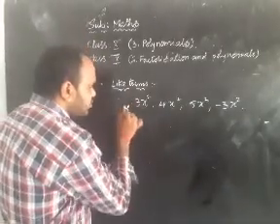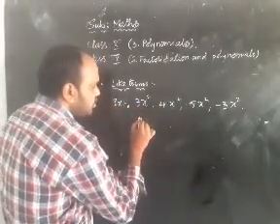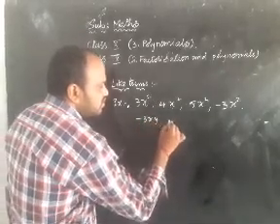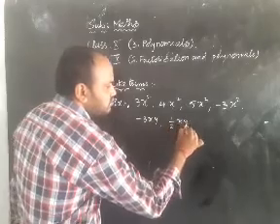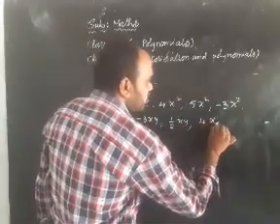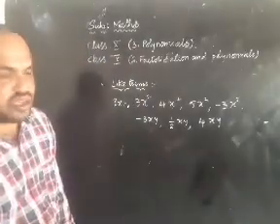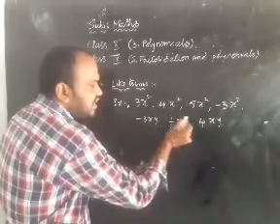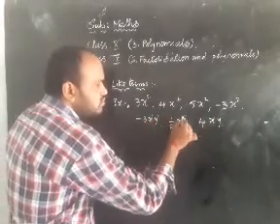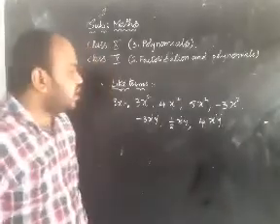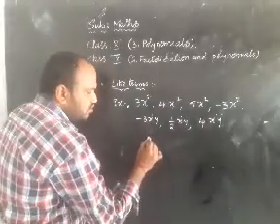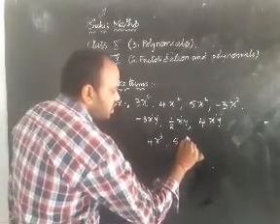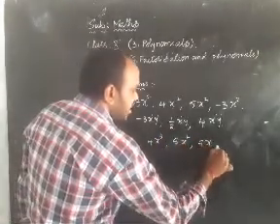See the second example: minus 3xy, 1 by 2xy, 4xy. They are also like terms because we are using the same variables x and y and they contain the same power, 1. The next example is 4x cube, 5x square, 7x.